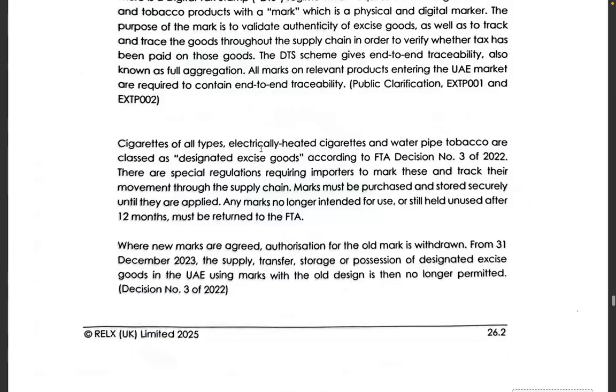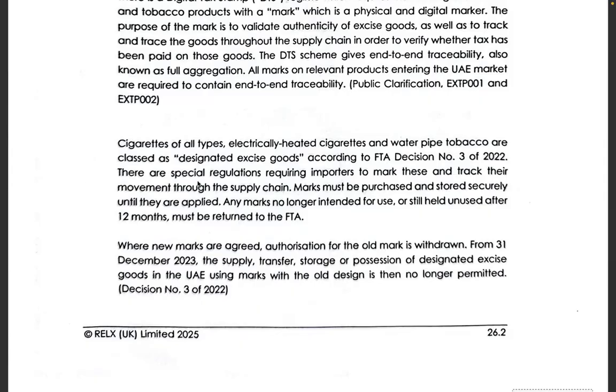Cigarettes of all types, electrically heated cigarettes, and water pipe tobacco are classed as designated excise goods, according to the Federal Tax Authority Decision number 3 of 2022.